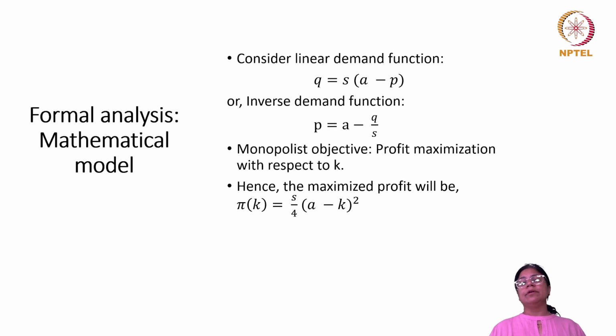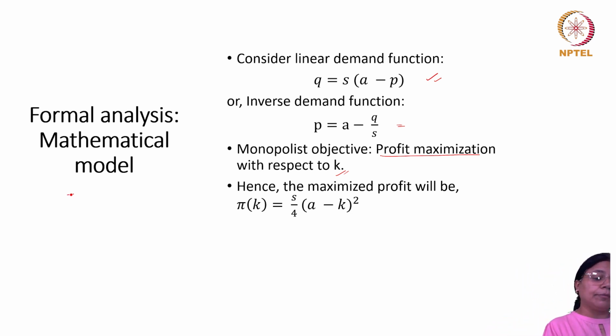So here we have considered a linear demand function. S is for the market size. We have received an inverse demand function from here, where P is now written equal to A minus Q by S. If you look at the objective that any monopolist would have, it is profit maximization with respect to K, which would be your marginal cost of production. So then what will a monopolist do?